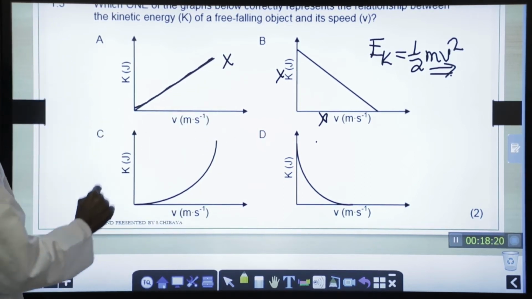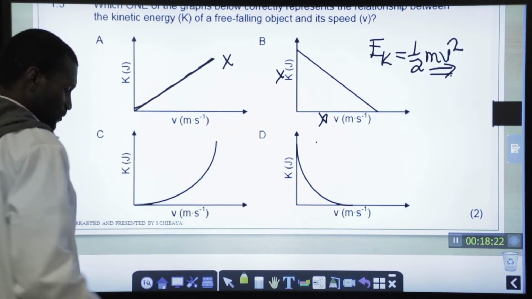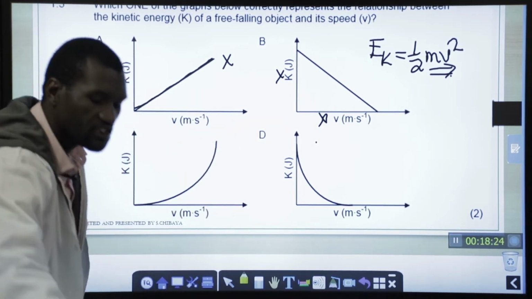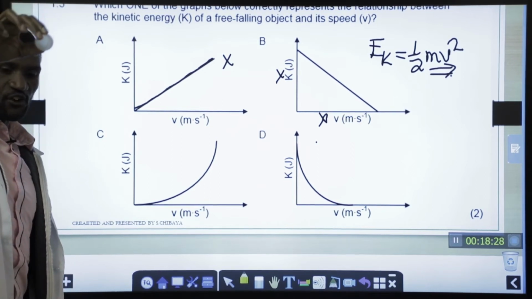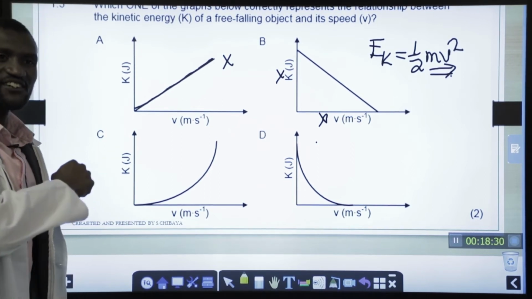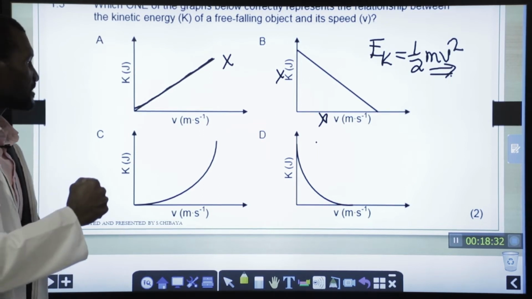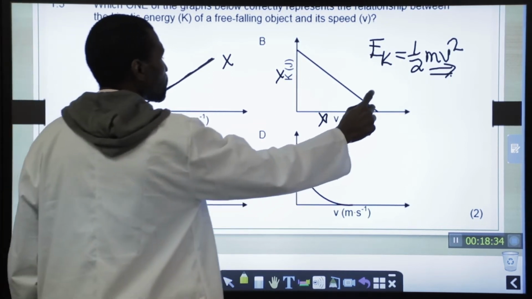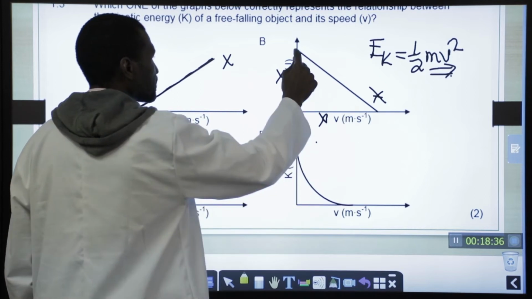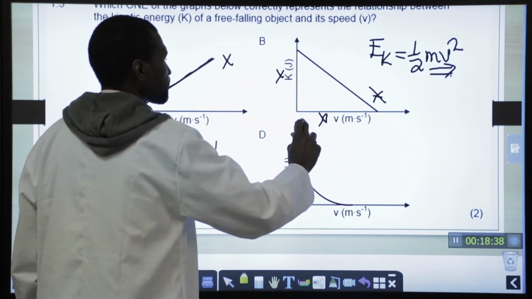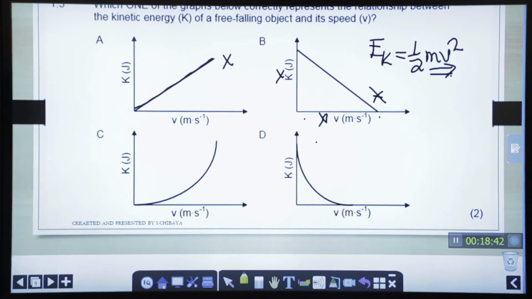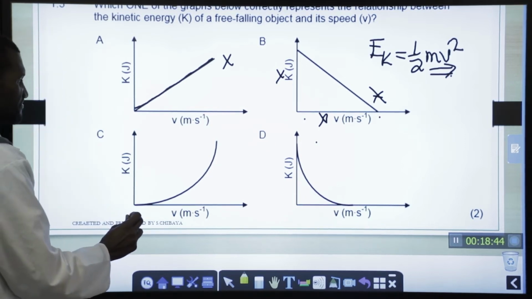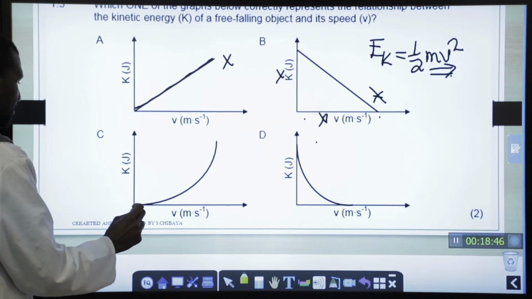We know that as velocity is increasing, when a body falls, according to our projectile motion, if a body is falling, it is increasing in velocity. So this one is completely out because the velocity, though increasing, kinetic energy is decreasing, right? With this one, that's the correct answer.